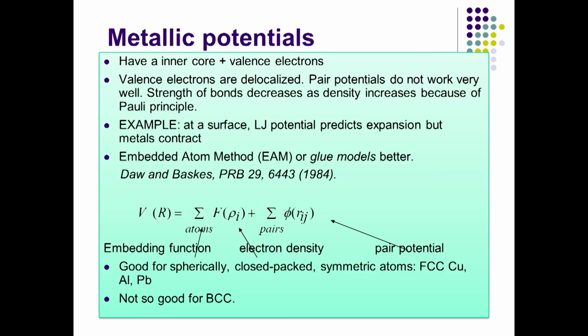If you look at a surface, the LJ potential predicts expansion, but metal, as you know, contracts. So, what we are doing is the embedded atom method, or glue model, which is better, by Daw and Baskes. With this kind of formulation, which includes both the cohesion as well as the repulsion term, we are able to calculate face centered cubic metals very well.